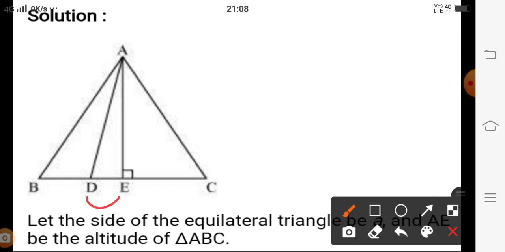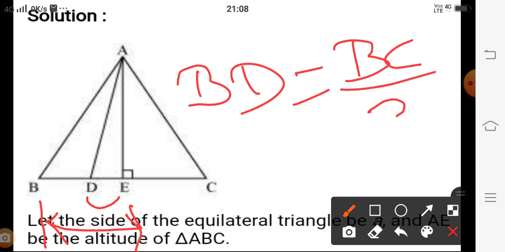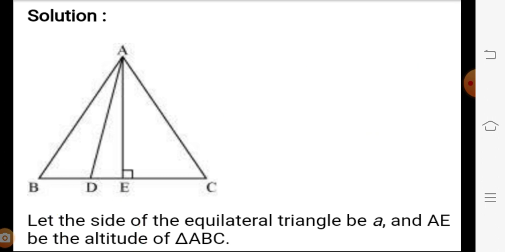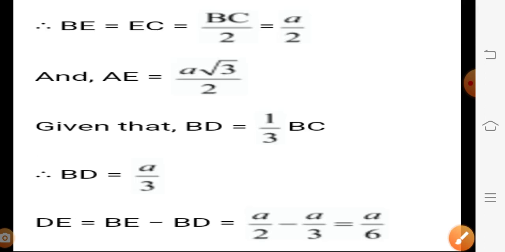Then DE you may tell is BE minus BD. Then in terms of BC, we have the value of BD. BD is equal to 1/3 of BC, and BE is equal to half of BC. Then we are easily able to find DE here. Then let us solve this.